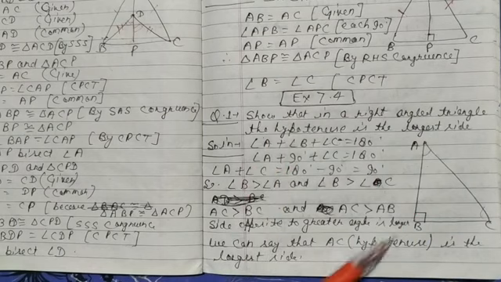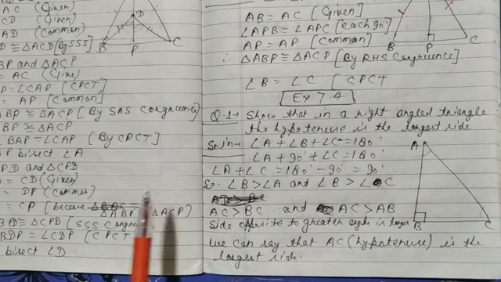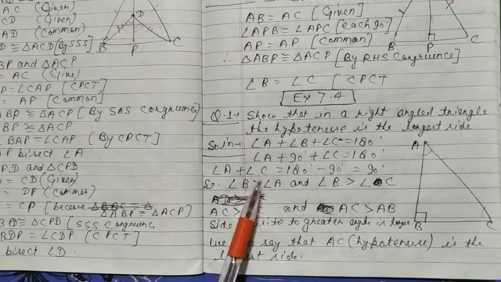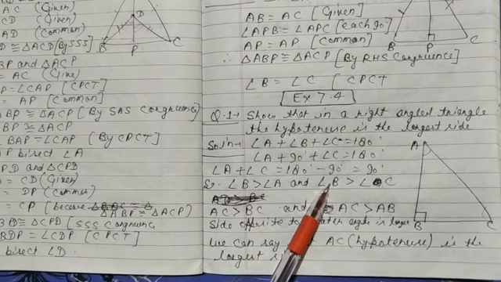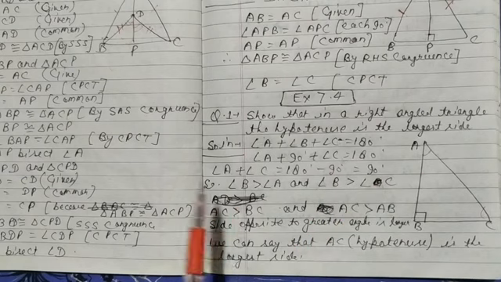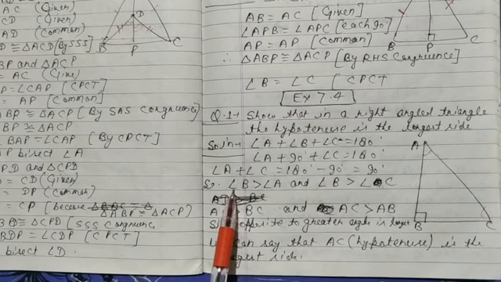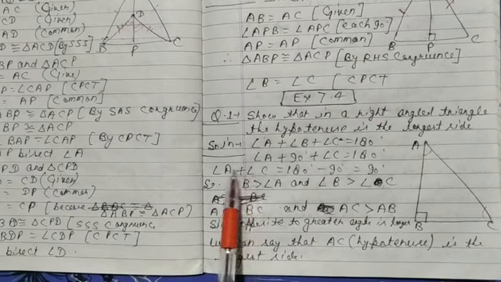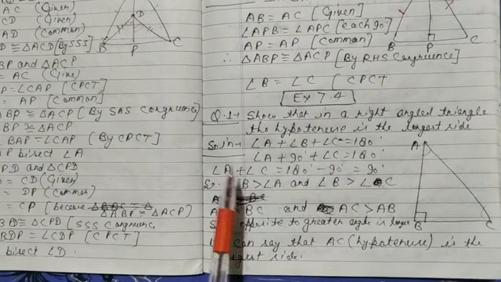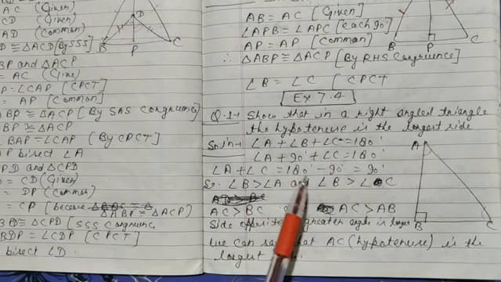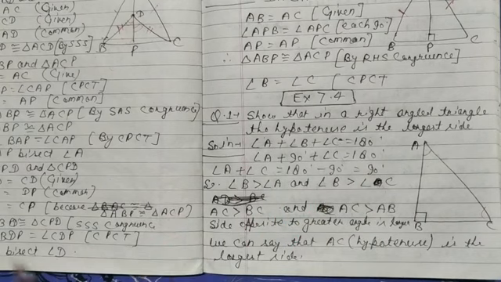So we can say this angle is greater than this angle, and this angle is greater than this angle. Angle B is greater than angle A, and angle B is greater than angle C. Why? Because the value of angle B is 90 degrees, and angle A plus C equals 90 degrees. And we know the side opposite to the greater angle is longer.